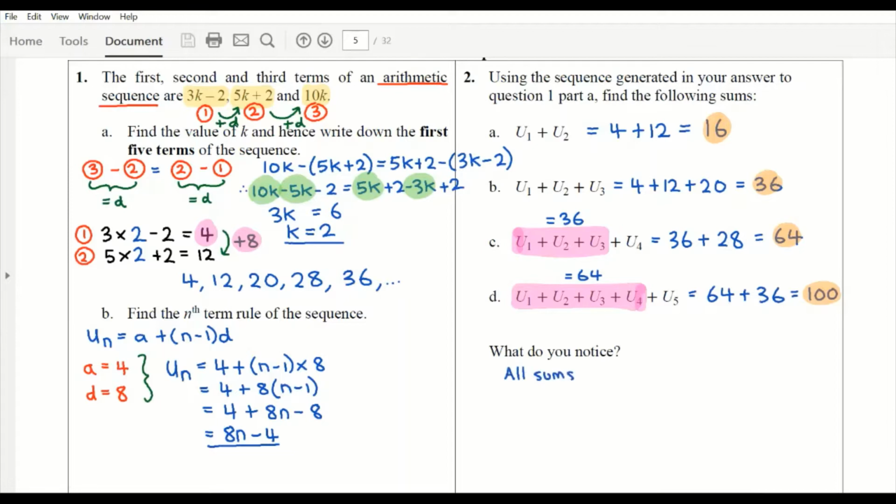So all sums are square numbers. Now, is there anything else we need to consider here? Is it just the fact that they're all square numbers, or is there another link? Very interesting. Well, we'll come back to that. I think we'll leave it at the square numbers. I think that's a nice, interesting result.